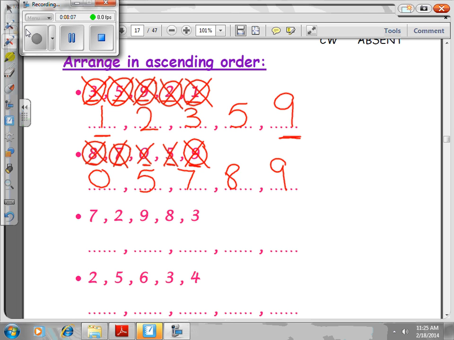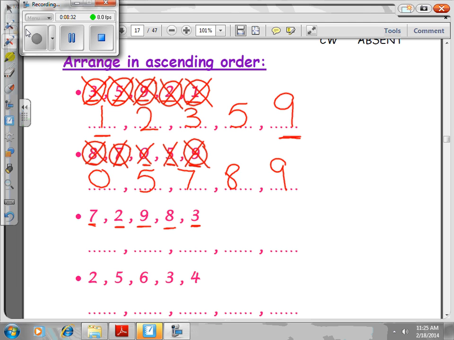Let's have the next example. We have here 7, 2, 9, 8 and 3, and we will arrange them in an ascending order, which means from the smallest to the biggest. Now what is the smallest number here?